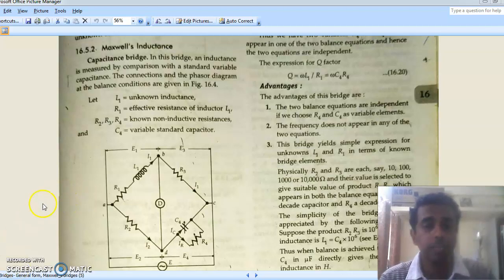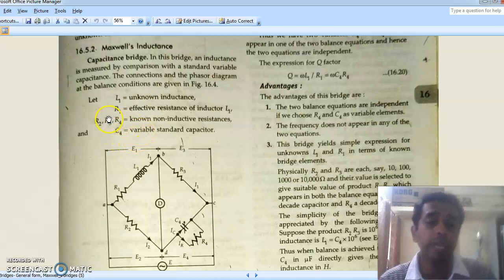So these are the terms which we have to know. L1 is the unknown inductance, and it has its own effective resistance R1. R2, R3, and R4 are the non-inductive resistances, and C4 is a variable standard capacitance.